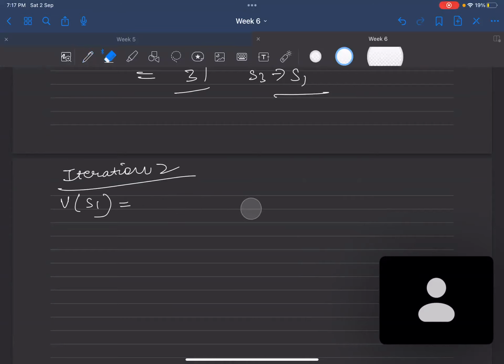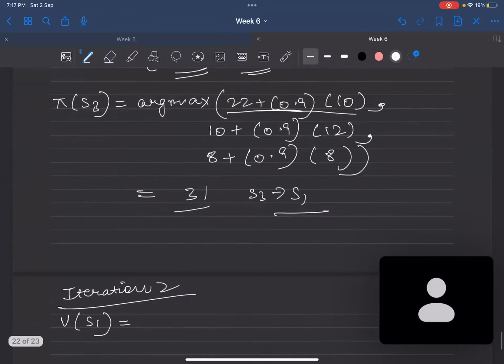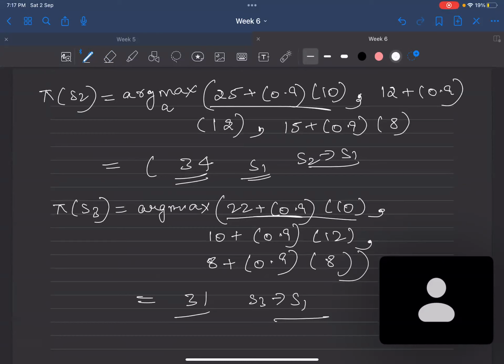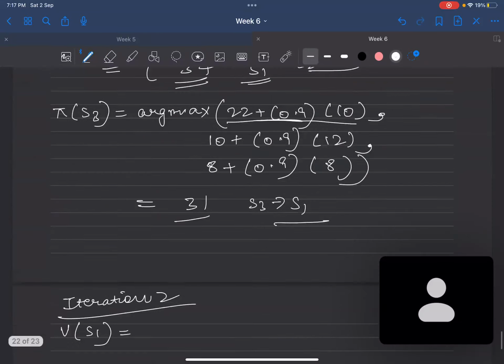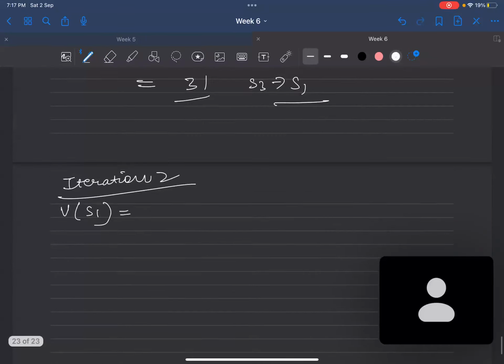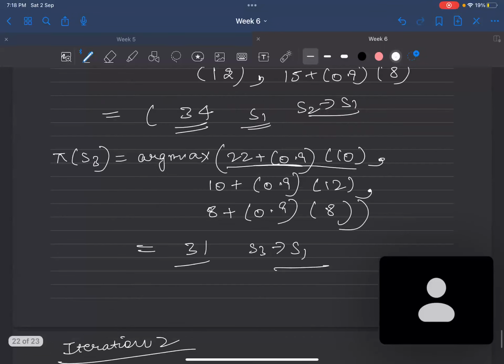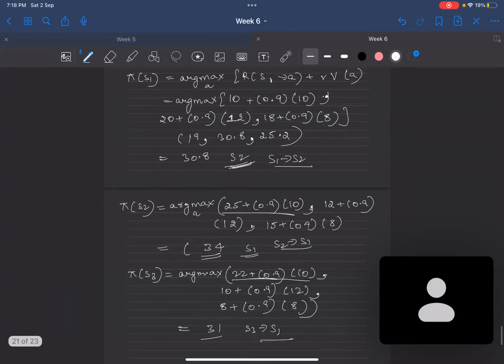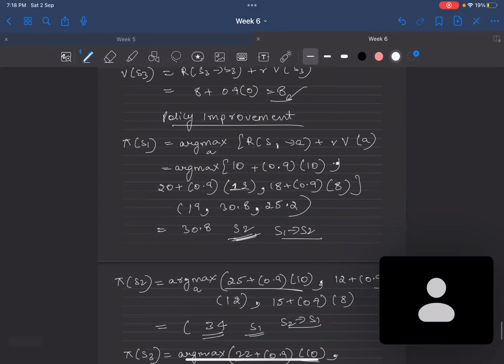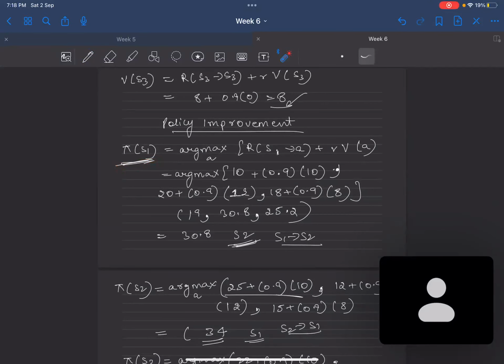Now the main thing here is V of S1: where will we go from S1? S2. Why will we go to S2? From the policy improvement, when we are in S1, the optimal policy is to go to S2.